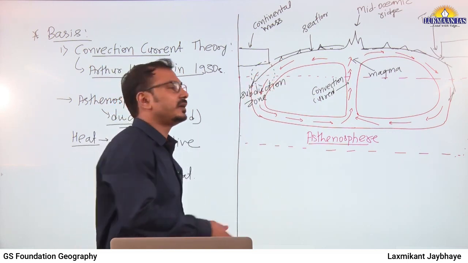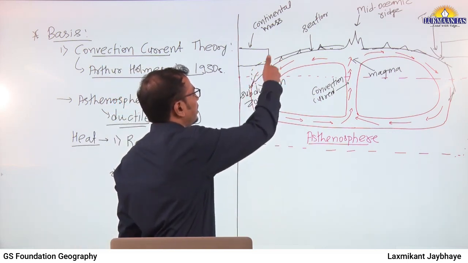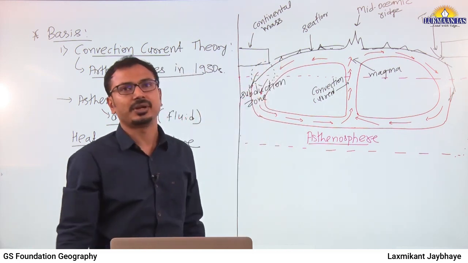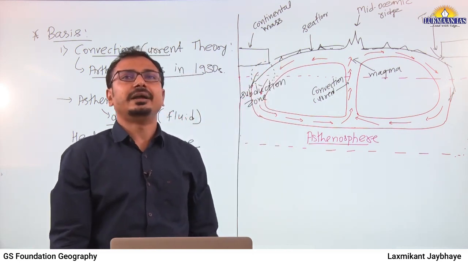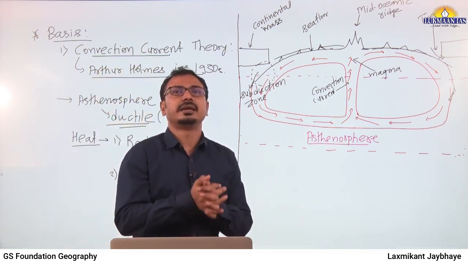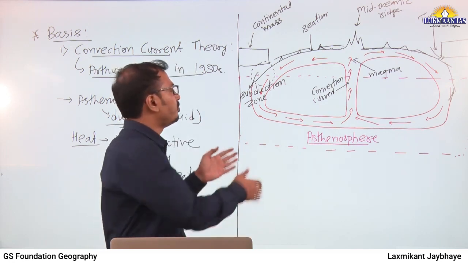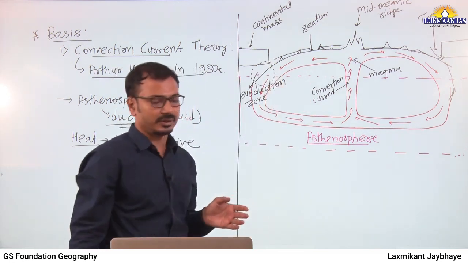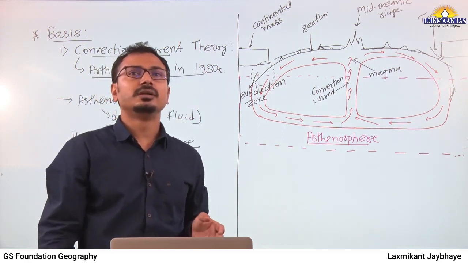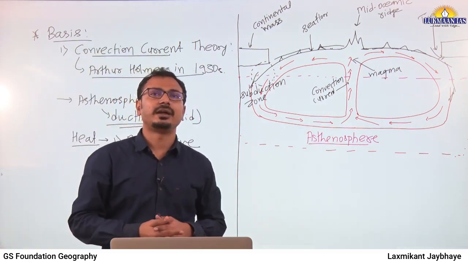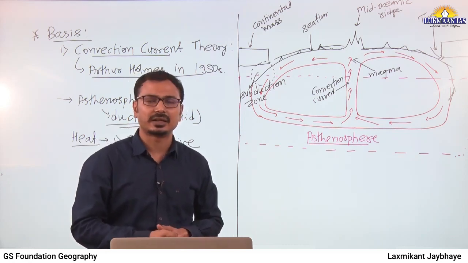When the subducted crust is getting into more depth, then again there is increasing temperature and pressure, and it is entering into a more heat region. It is getting melted and becoming part of the asthenosphere or this particular convection current. This is a kind of self-sustaining current that is going on.